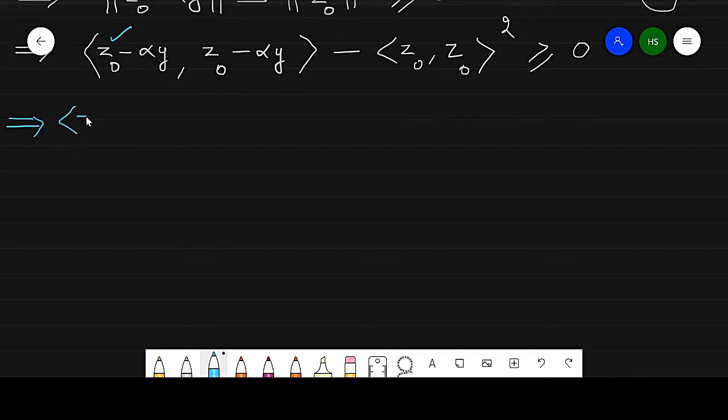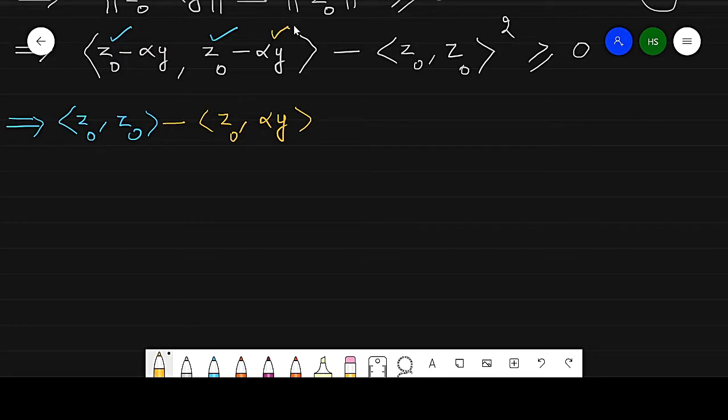So it will be z naught comma z naught, this is with this term. Now with the second term, minus z naught comma alpha y.